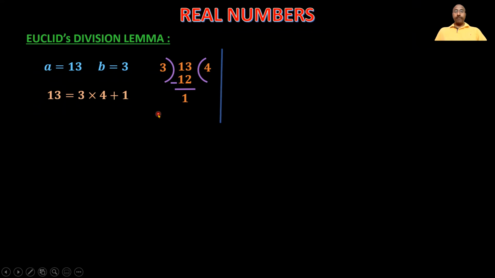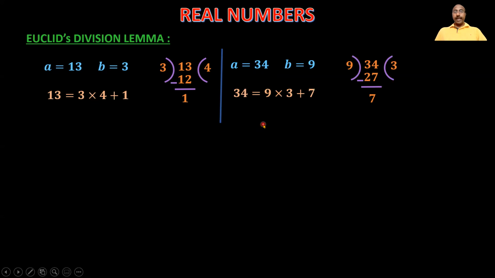Similarly, if you take A equal to 34, B equal to 9, and now dividing A by B, that is 34 by 9, 9 threes are 27, and the remainder is 7. So now we can express 34 as 9 into 3 plus 7.